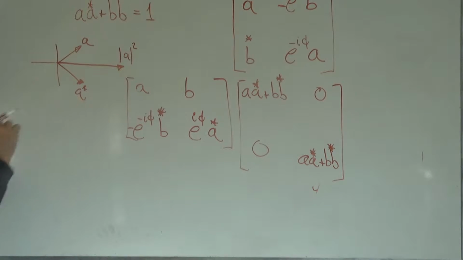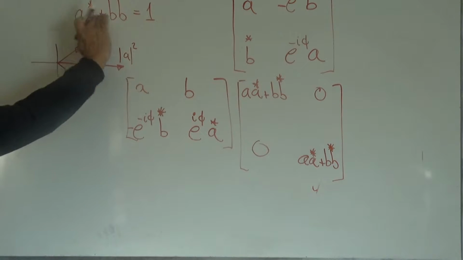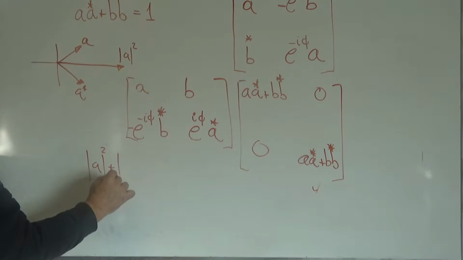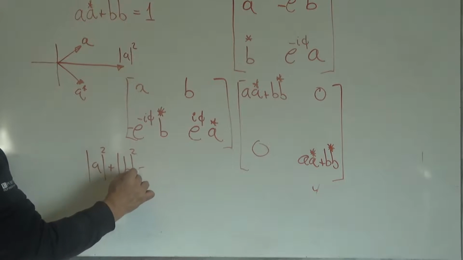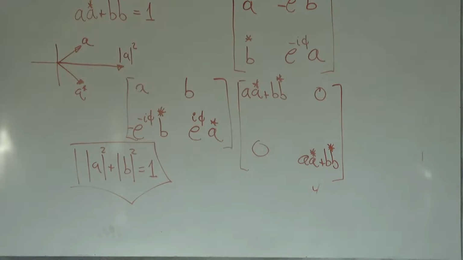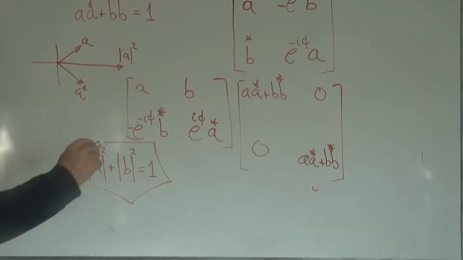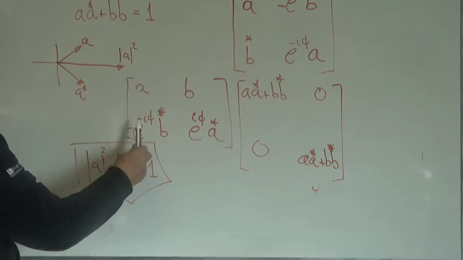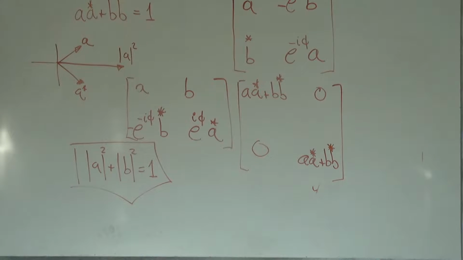So that's A times A conjugate. That means that this requirement simply means that the magnitude of A squared plus the magnitude of B squared is equal to 1. If we impose that constraint, then this matrix, which I wrote here, for any A, any B, any phi, is actually unitary, right? Which again is the generalization of orthonormal for complex matrices.